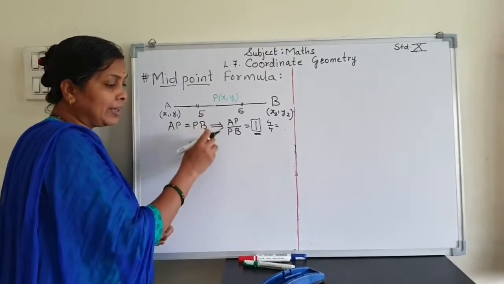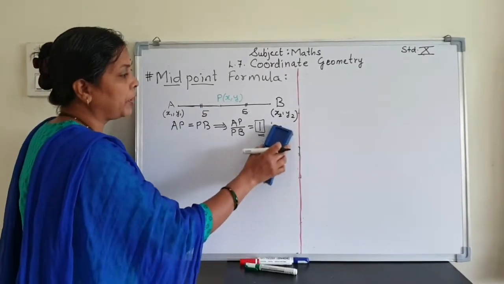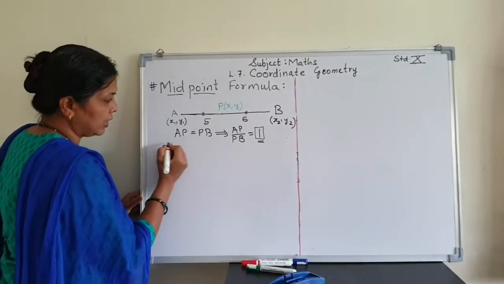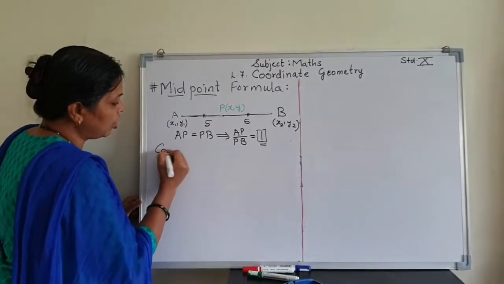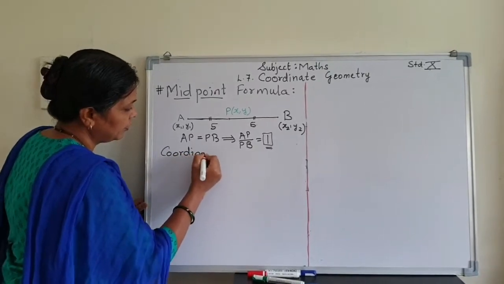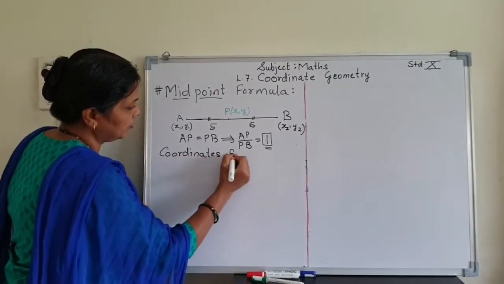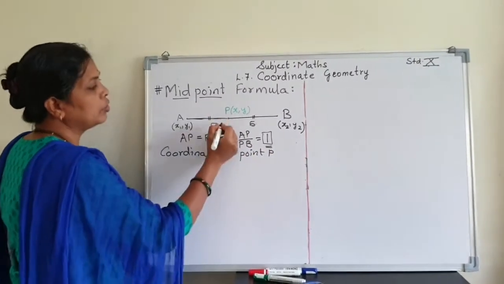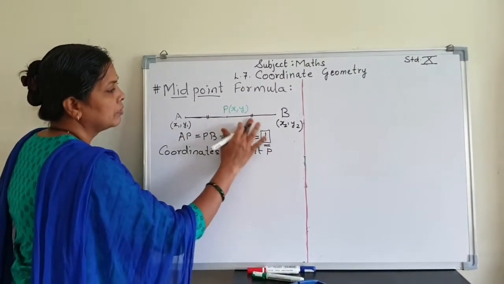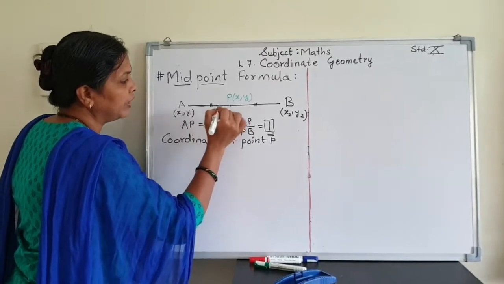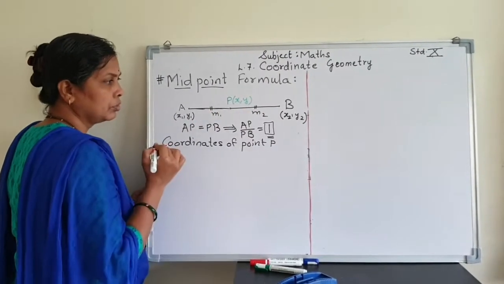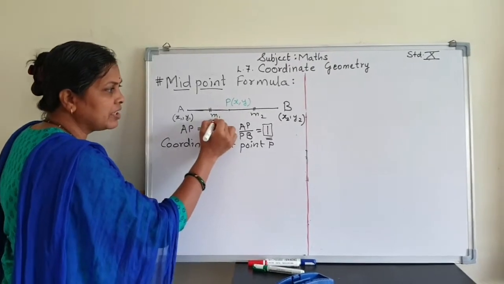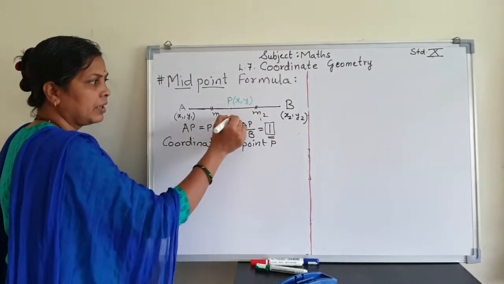And then we apply the concept of section formula for it, and we get the coordinates of point P. So here this is m1, this is m2. Now you know that AP upon PB is 1, it means this is 1 and this is 1, right?